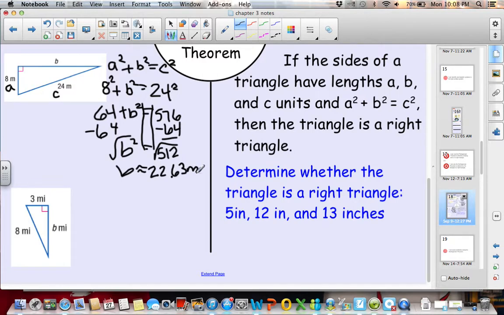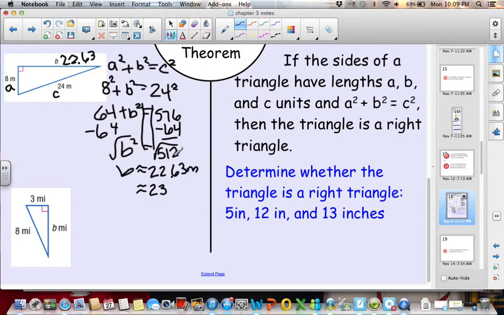If we needed to round it to the whole number, we would take our 6 and round this up to approximately 23. But this is our most approximate and most accurate number. So then we would label B as 22.63.